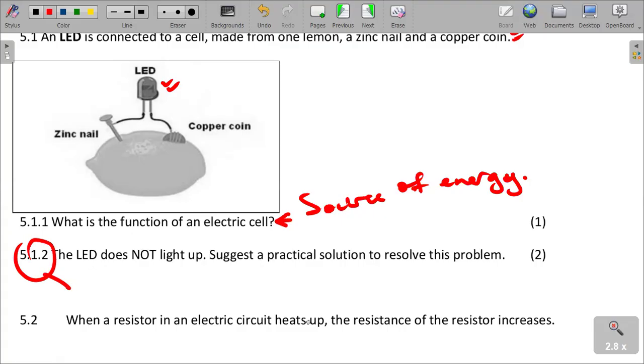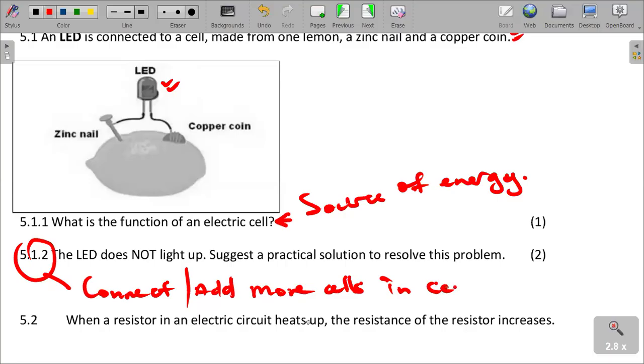we have to talk about adding more lemon cells in a series connection. In order to create more power here, we can connect or add more cells in series. We are saying the more cells in what?